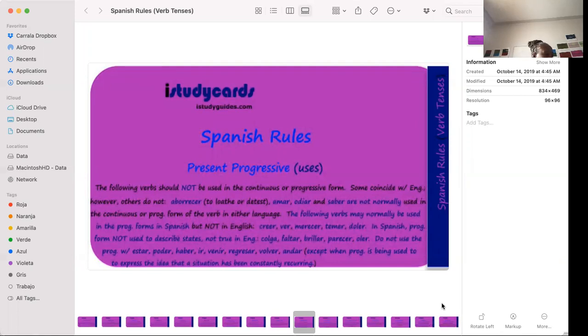Some of the verbs which should not be used in the continuous or progressive form coincide with English. However, others do not. Aborrecer, to loathe or to detest, amar, odiar, and saber are not normally used in the continuous or progressive form in either language.